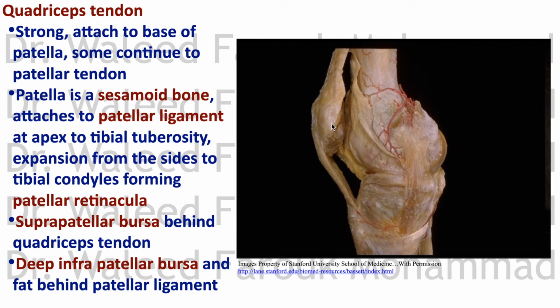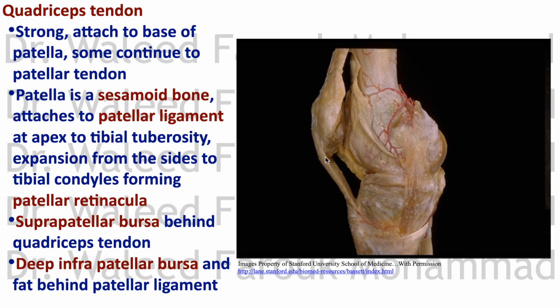The patella is a sesamoid bone. It's the largest sesamoid bone in the body and attaches to this ligament at the apex. And from the sides, as we will study in the knee joint, it forms the patellar retinacula. We will discuss this with the knee joint.